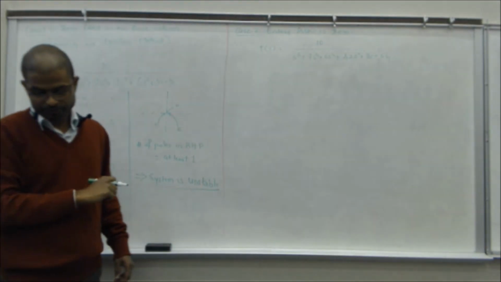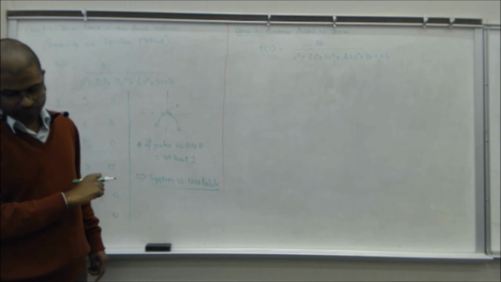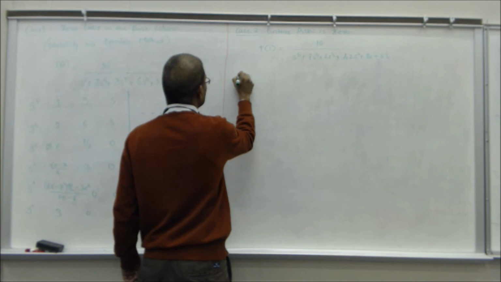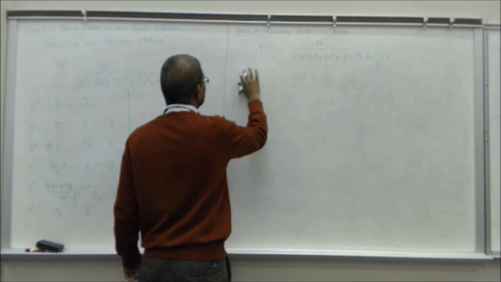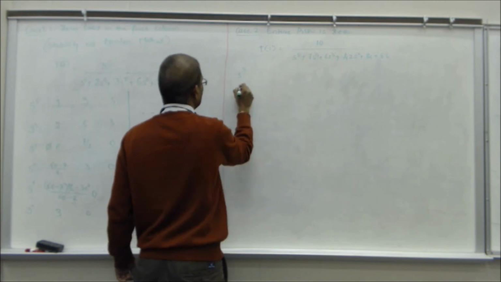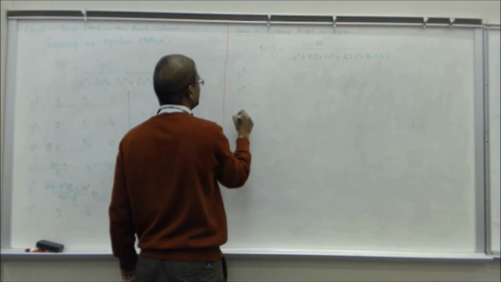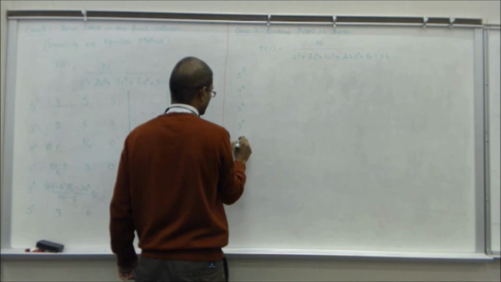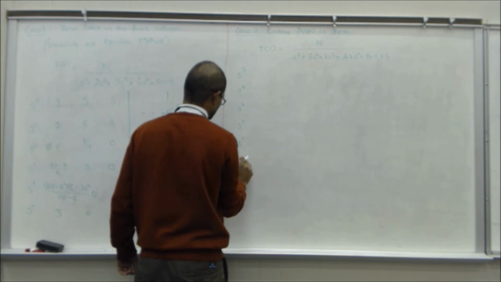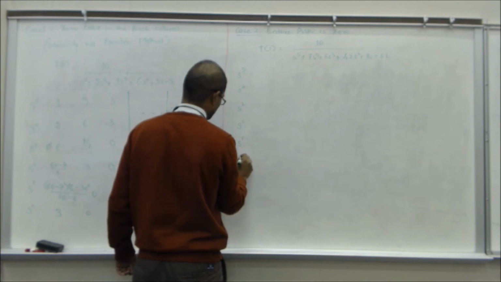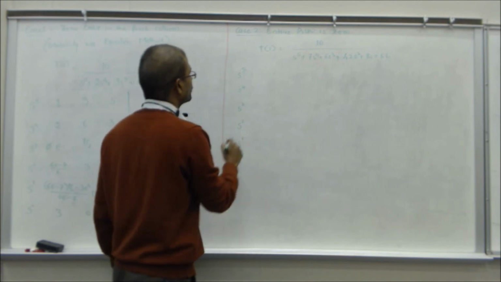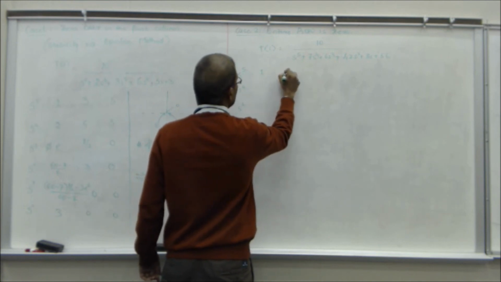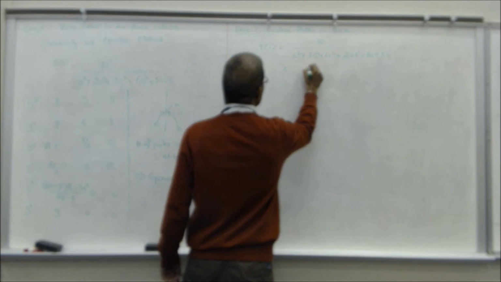Now again, you do the same thing. You start populating your Routh table, all right? S5, S4, S cube, S square, S1, S0. So what are you going to get here? You have 1, 6, and 8, right?